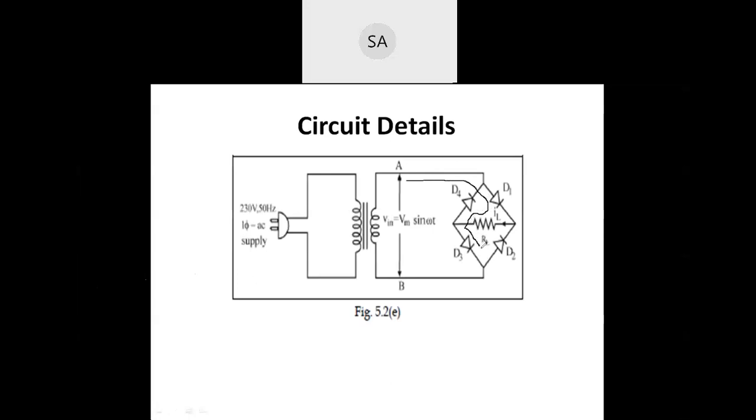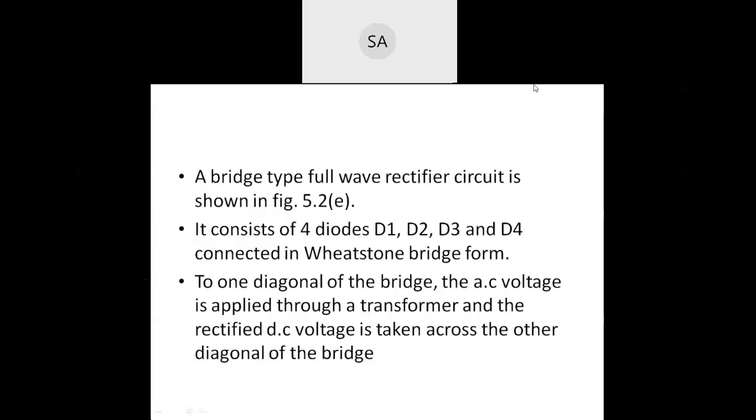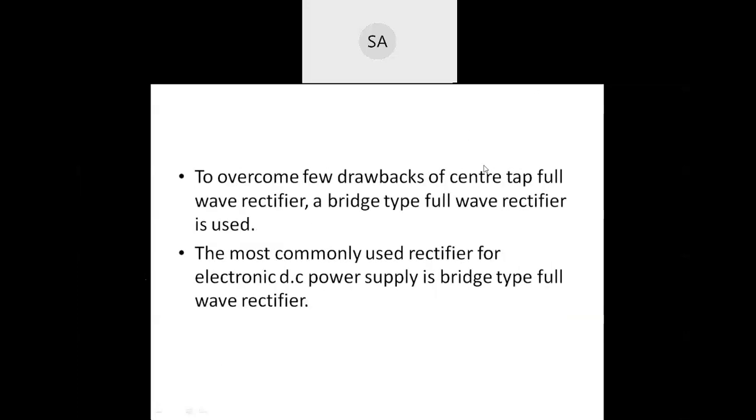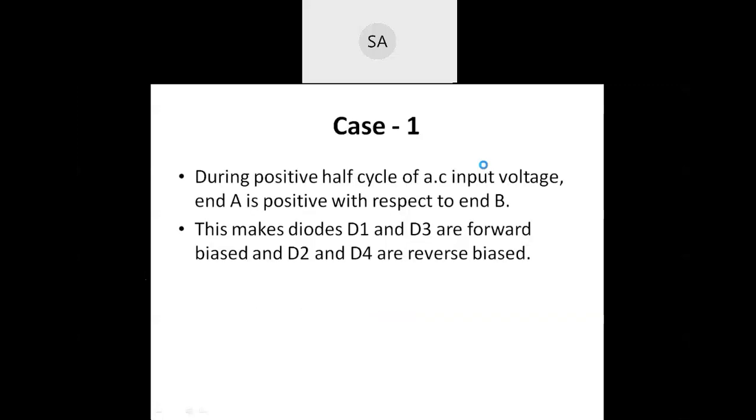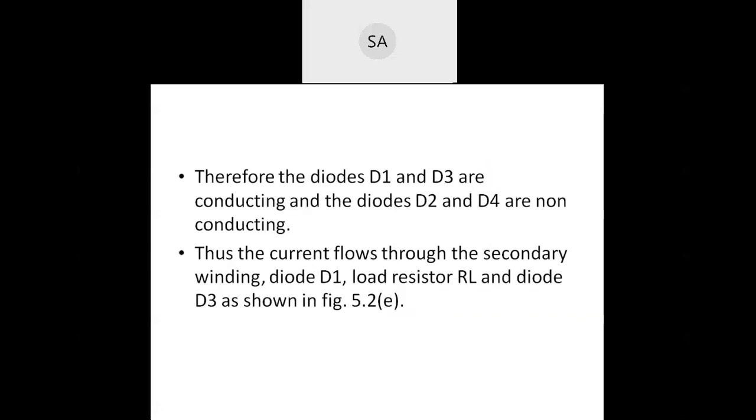D2 and D4 are open circuits, so the current will not flow through them. Thus the current flows through the secondary winding, D1, load resistance RL and diode D3 as shown in the figure.